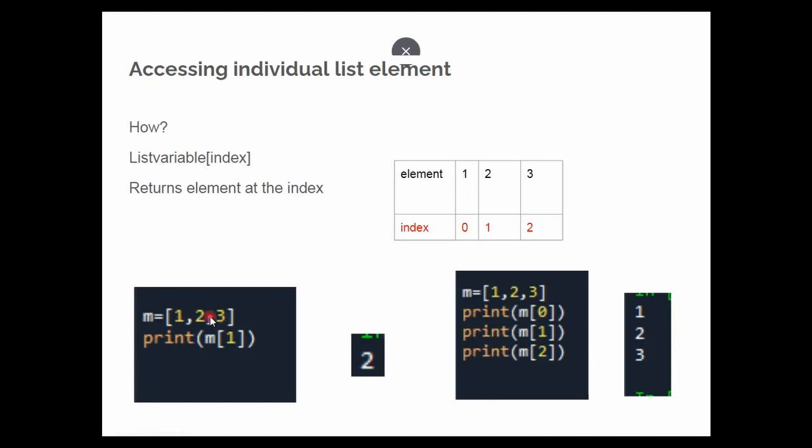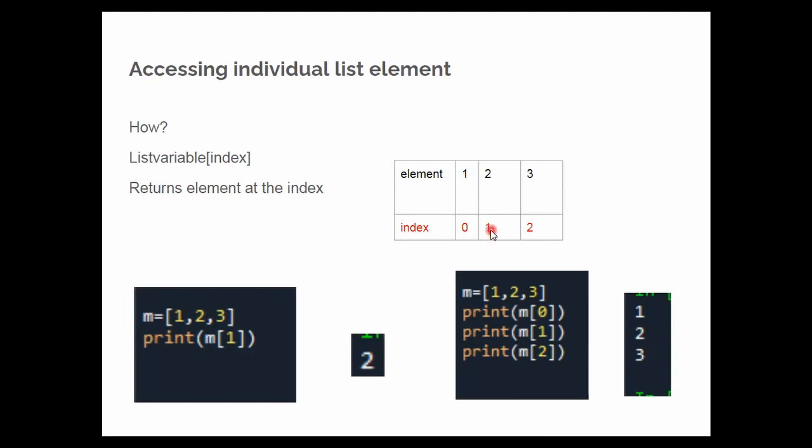How are they stored internally? They are stored internally with index numbers. So here we have 3 different cells. The cells are numbered 0, 1, and 2. At cell number 0, the element 1 will be stored.